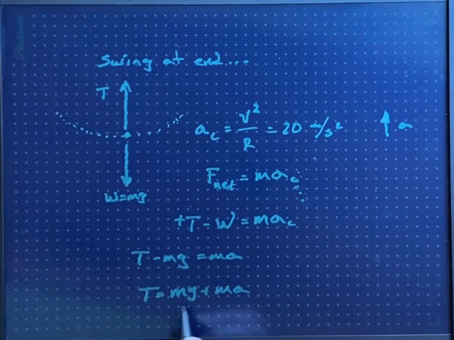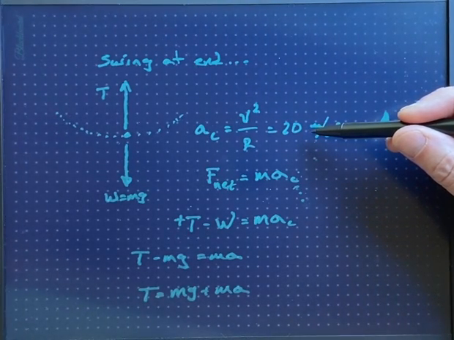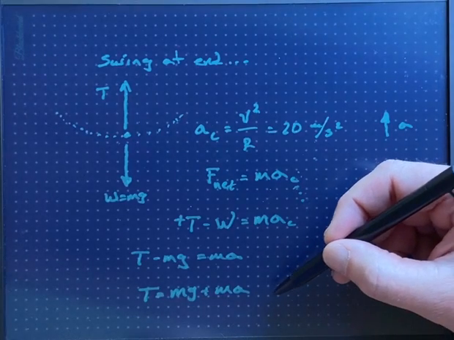So mg was 700 newtons, and ma turns out to be twice that, or around 1400 newtons. The reason why I know it's twice that is because a is twice g. So ma is twice mg.